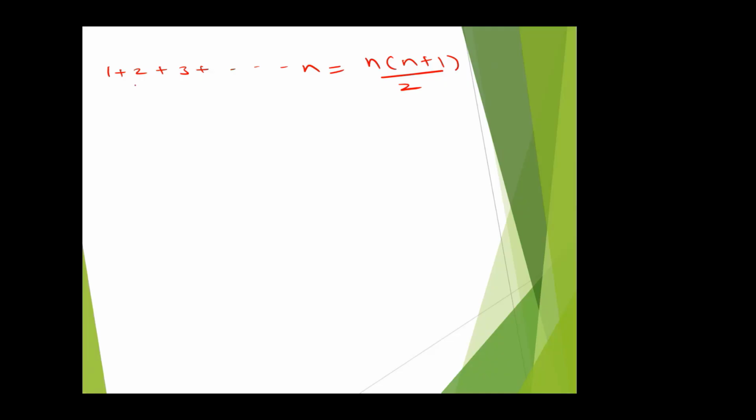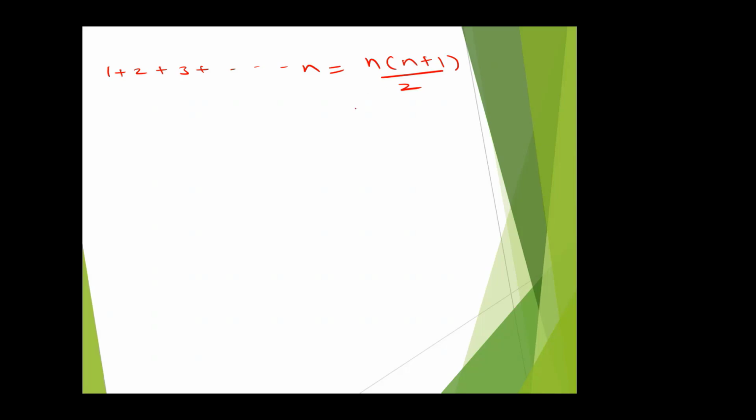So the number of times it is printing will look like a summation series, 1 plus 2 plus 3 plus 4 plus up to n. And then we have to calculate what is the time complexity of this.